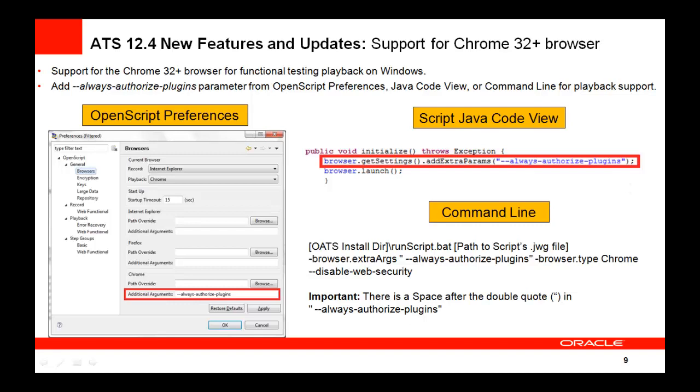For those who are playing back the script from the command line, users should add the -browser.extraargs argument to the command line. One very important note for command line playback is that there is a space after the double quote in --always-authorized-plugins.